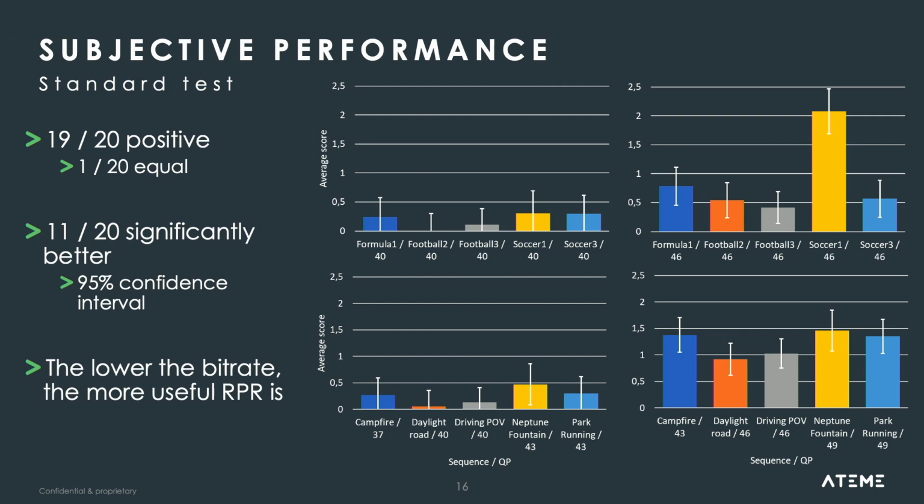So we conducted some standardized testing using industry practice, dual stimulus. We had 37 viewers, three setups, everything made as equal and random as possible. What we witnessed is an excellent result. Out of the 20 test sequences, 19 were deemed better with RPR, and the only remaining one was neutral, not even detrimental.